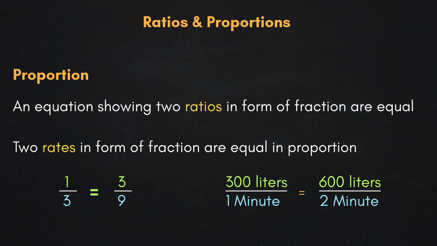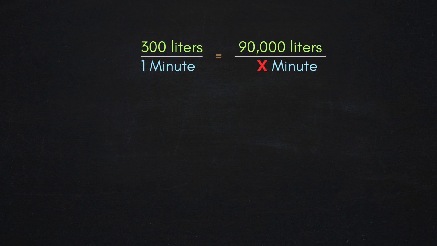Coming back to our problem, we will compare 300 liters per 1 minute to 90,000 liters by x minutes. On the left side, we have the rate of the pump. On the right hand, total pool capacity divided by the amount of time in minutes required by the pump to empty the pool.